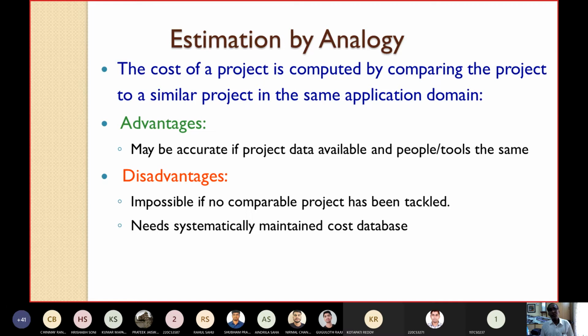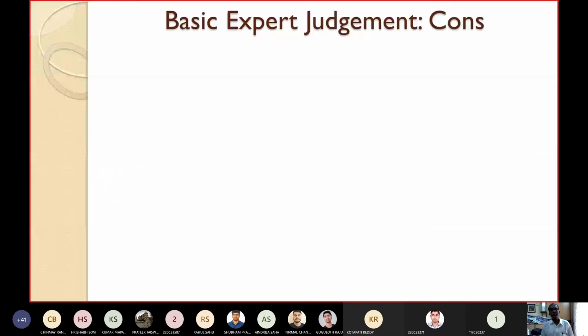Whatever project you are doing today, you have to immediately store it. You have to maintain them in a database so that next time when similar projects come, you can make the analogy. So some expenditure, some overhead you have to keep here. You have to spend some more money for maintaining all those past projects in a database. It needs a systematically maintained cost database.